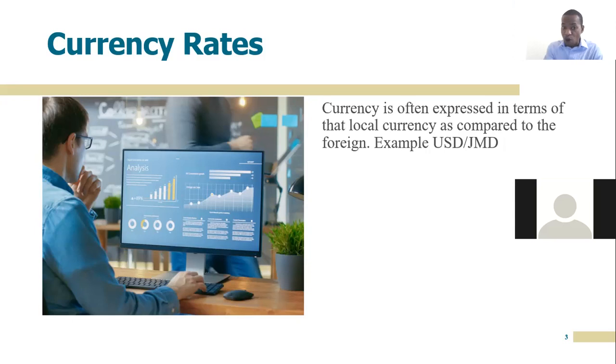You can flip it around and say JMD USD, and that is essentially saying for one Jamaican dollar, it is about 0.006, so like 6 cents US. That is how you read those things. The first one is the base, and the other one is how much of that it takes to get one of the base.